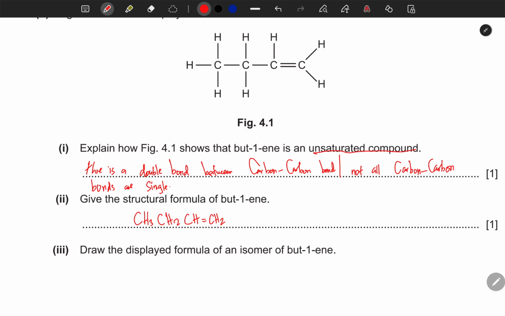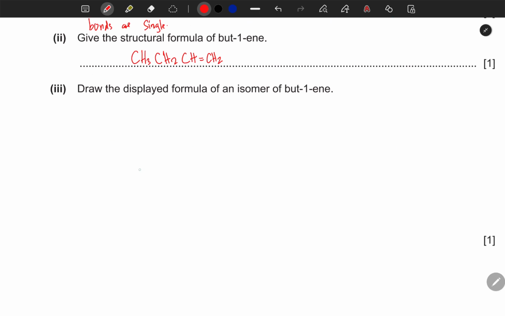Well, you can just shift the double bond anywhere here. It's up to you. For example, I can bring the double bond there, then I keep the rest like that.